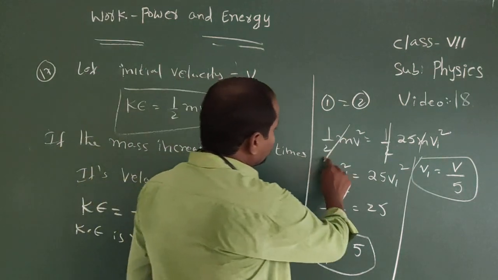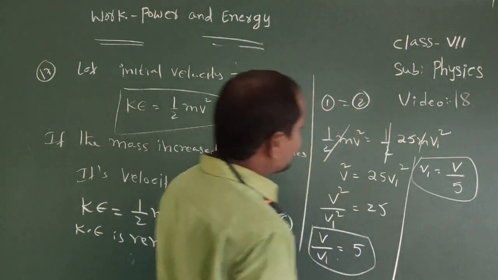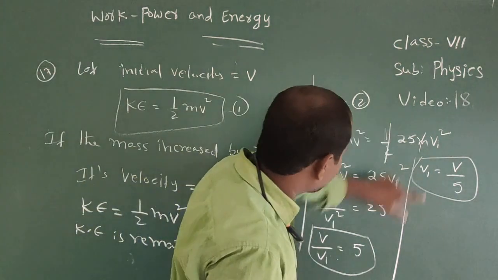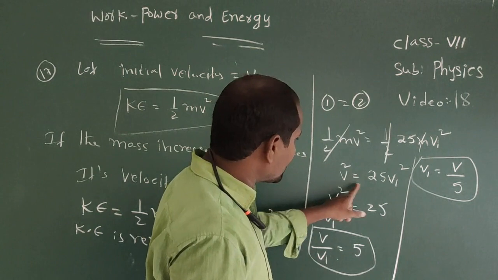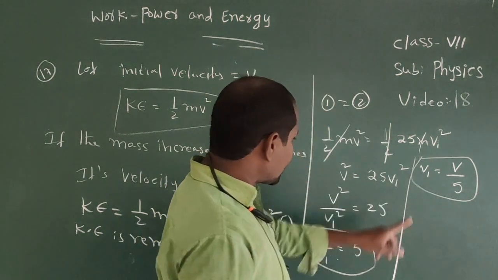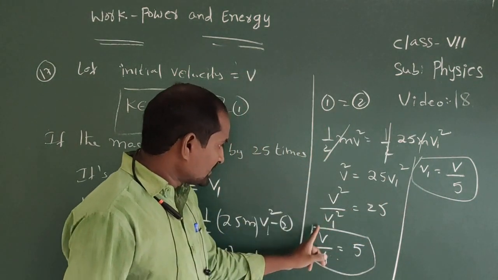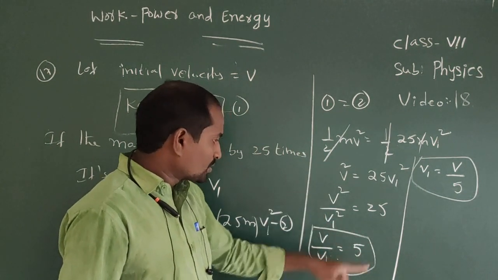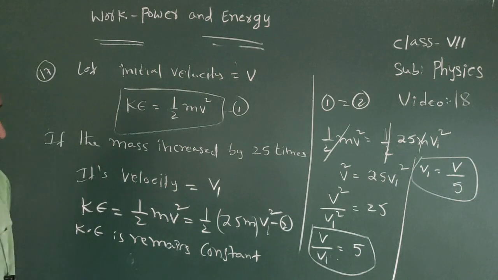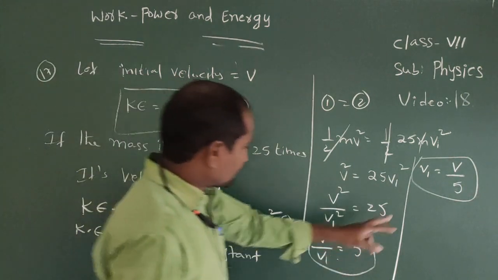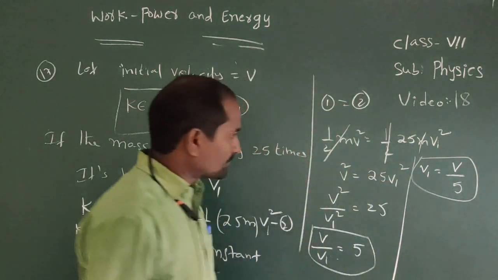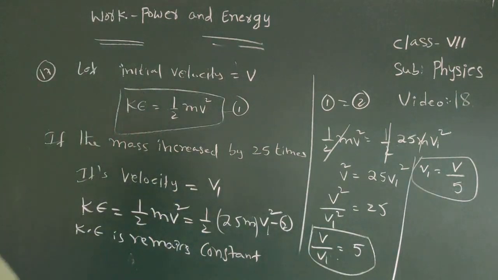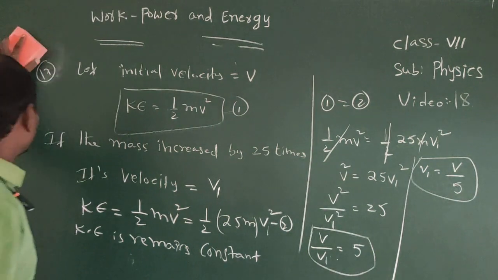That means half into M into V square equals half into 25M into V1 square. Half M gets cancelled, remaining V square equals 25 V1 square. So V square by V1 square, we can write V by V1 equals root 25, that equals 5. Therefore new velocity V1 equals V by 5 meter per second.